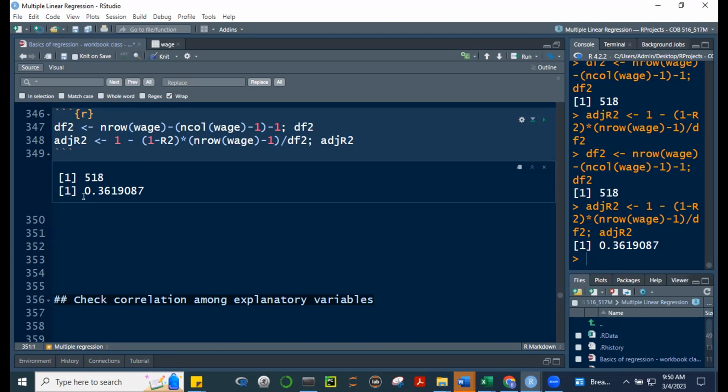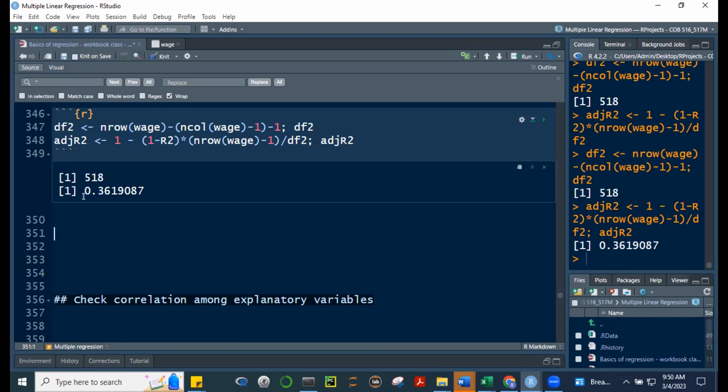Model 2 has an adjusted R squared equal to 36%. So if we're going to base it on that, definitely model 2 is better because it's able to explain more of the variability of your outcome variable.